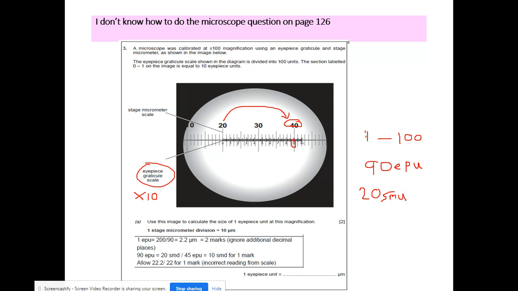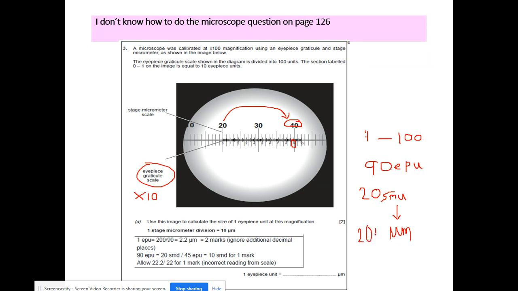And it tells us in the question that 1 stage micrometer unit is worth 10 micrometers. So to convert that into micrometers, we need to times our answer again by 10. So that will give us 200.